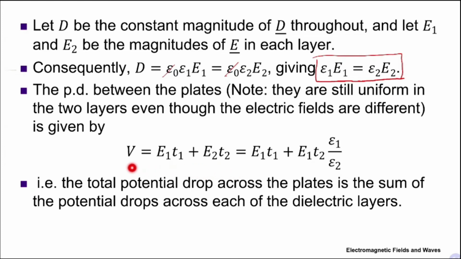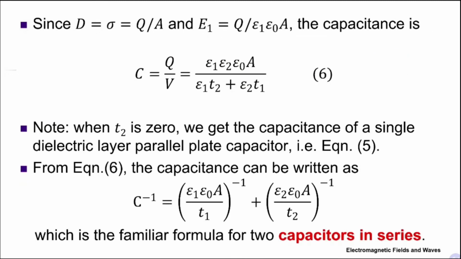And you can work out that V will be equal to E1 T1 plus E1 T2 epsilon 1 over epsilon 2, using this relationship here. Putting that back into our equation, we find that the capacitance of this two-layer parallel plate capacitor equals epsilon 1 epsilon 2 epsilon naught A over epsilon 1 T2 plus epsilon 2 T1.